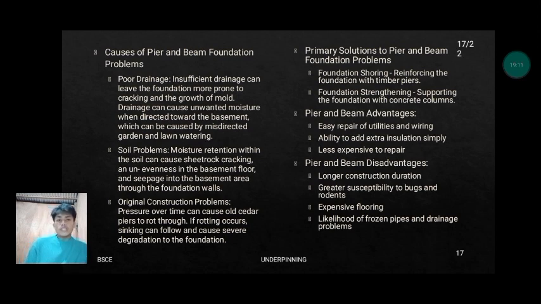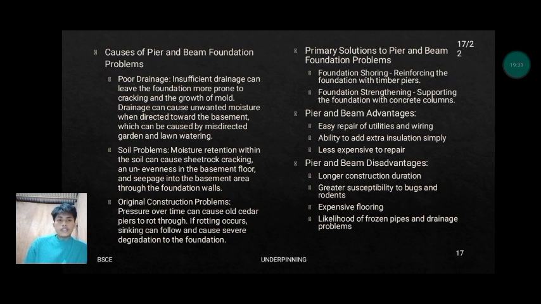So what are the causes of pier and beam foundation problems? One problem is poor drainage. Inefficient drainage can leave the foundation more prone to cracking and growth of mold.